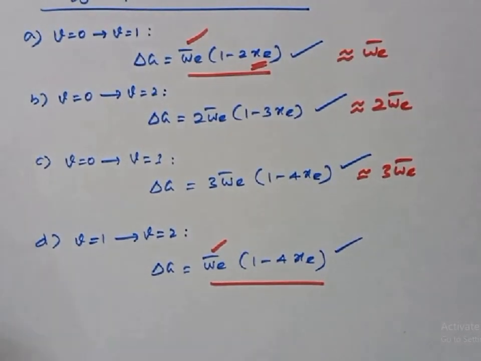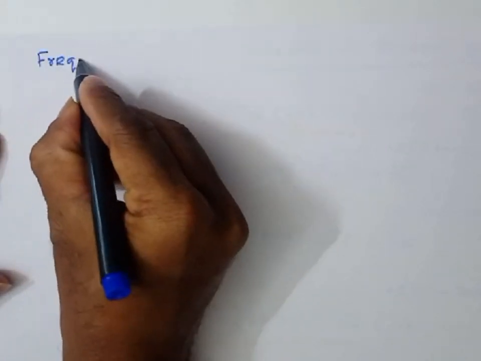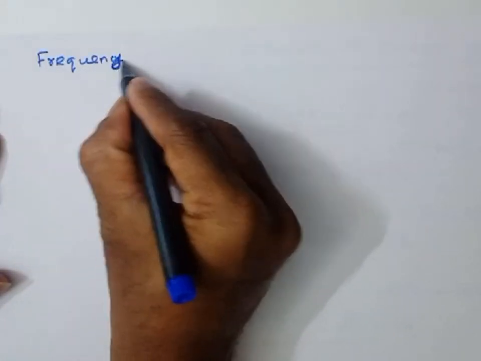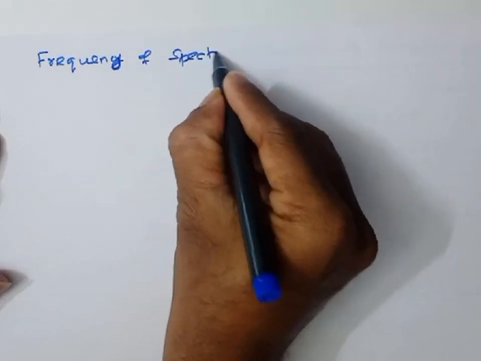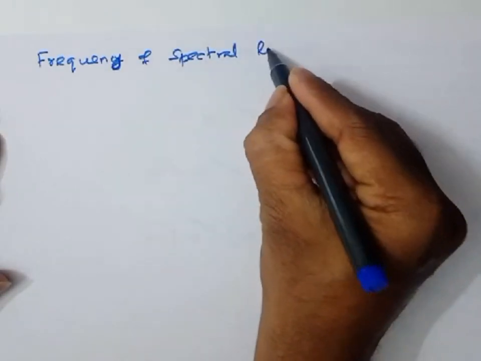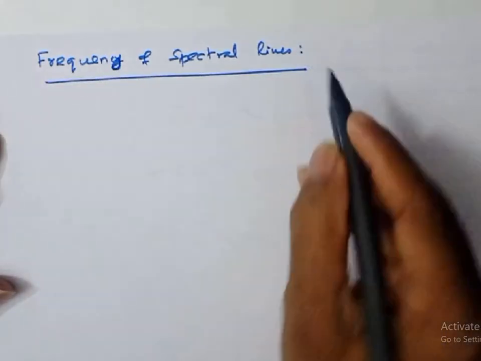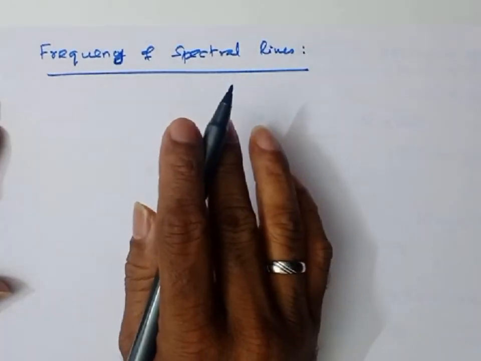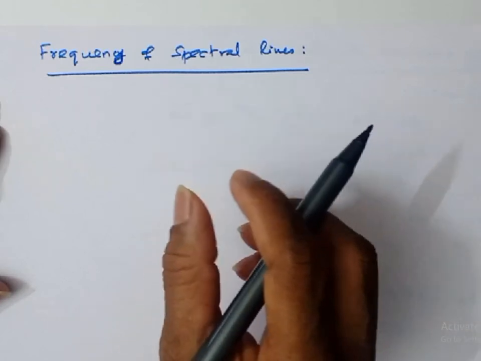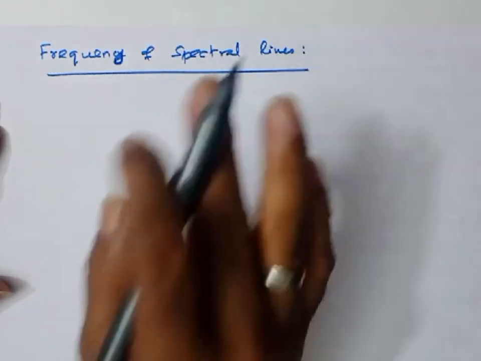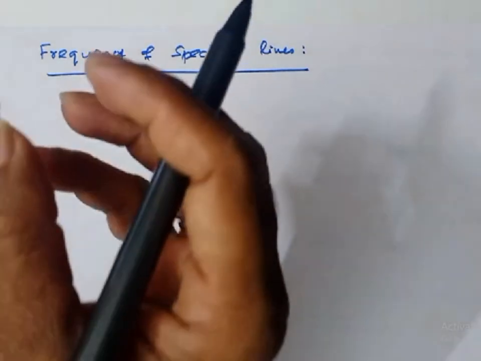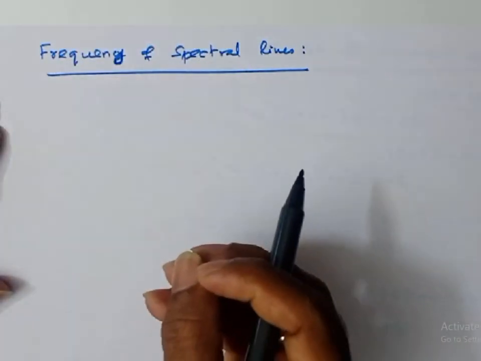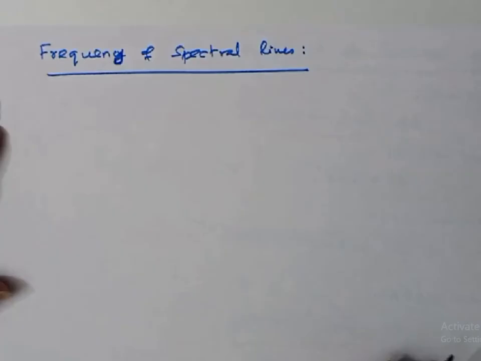Now, these things we discussed in the last class. Now what I am going to do: what is the frequency of the spectral lines? That is, at what frequency a particular vibrational transition will occur, or what radiation frequency is absorbed for a particular transition.